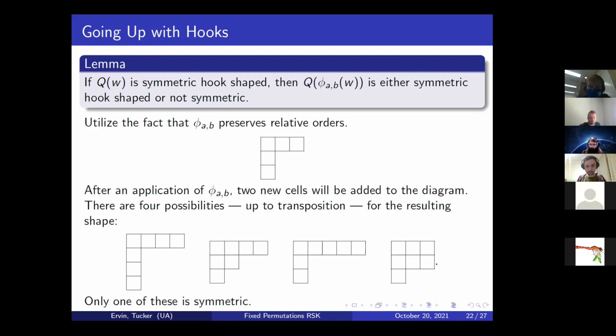I was unfamiliar with this theorem. Does that mean the only permutations where you get the hook shape are unimodal or reverse unimodal permutations, where it goes up and then down, or down then up?